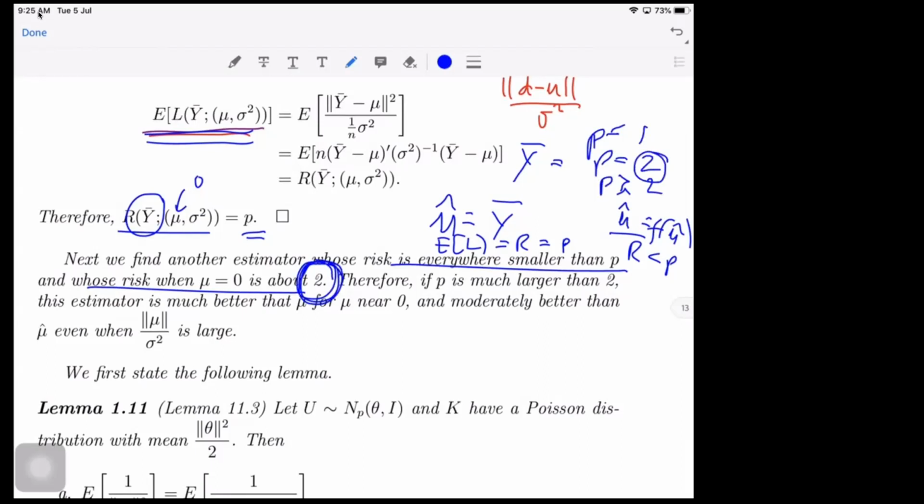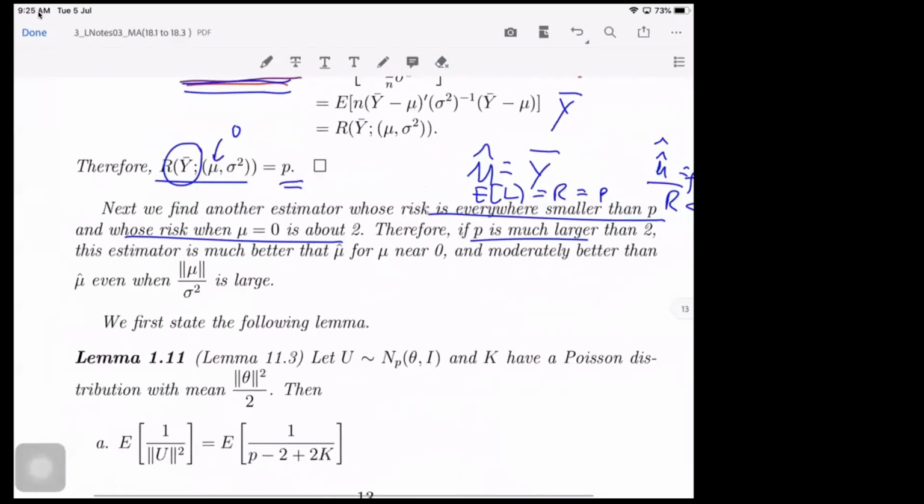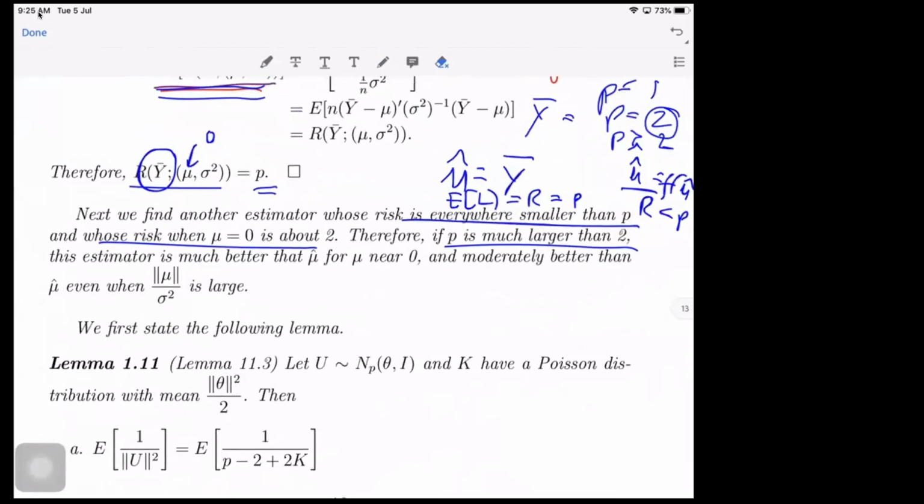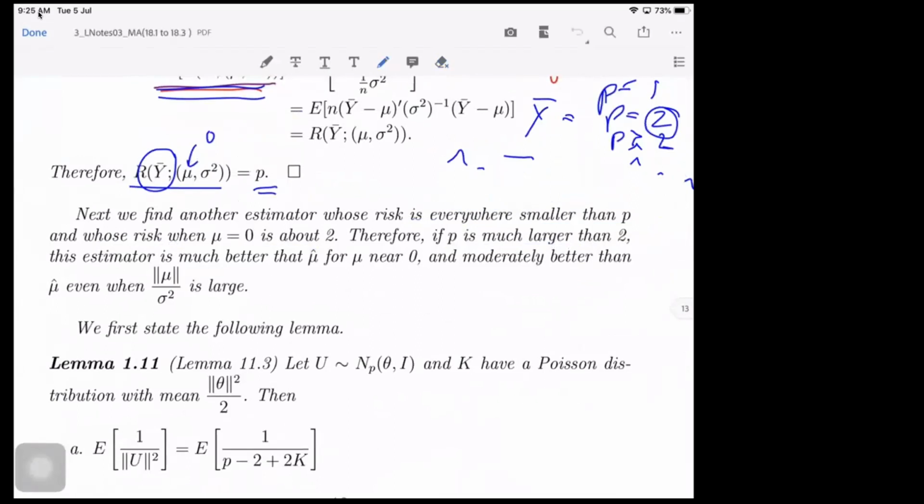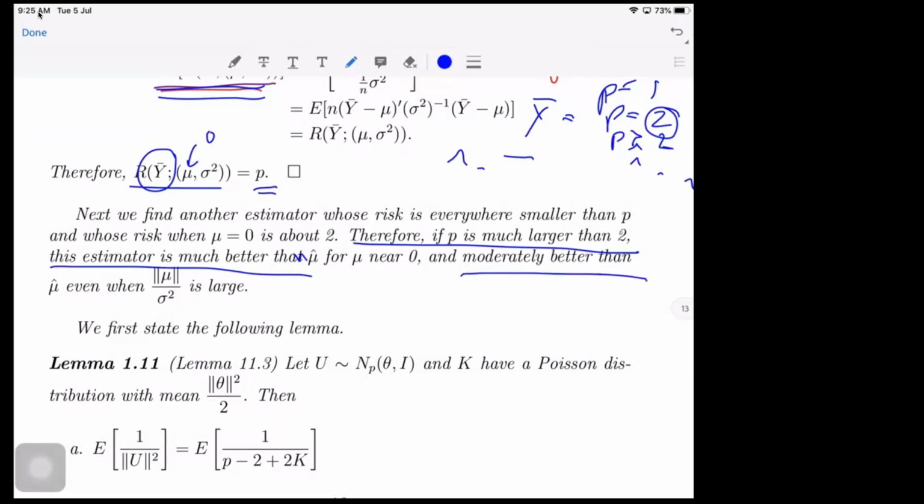Otherwise, if P is larger than 2, then this estimator is much better. So therefore, if P is much larger than 2, this estimator is much better than mu hat for mu near 0, or moderately better than mu hat. This is done when this ratio here is large.